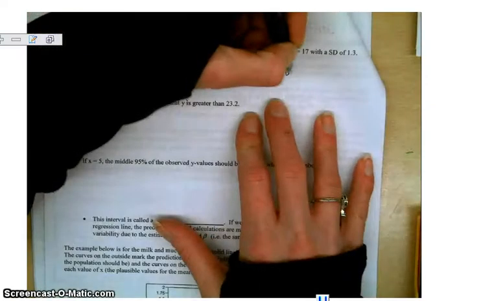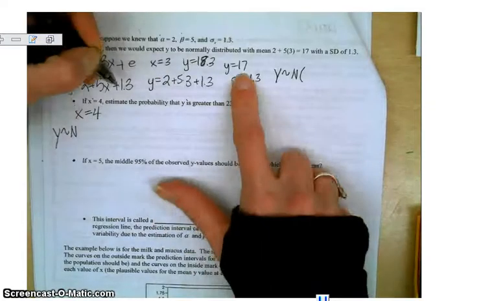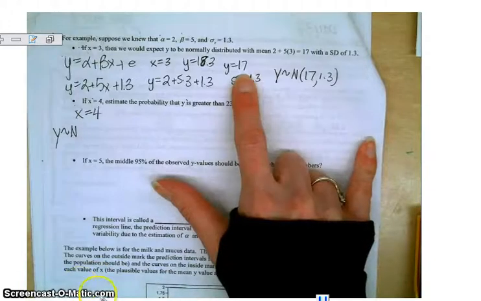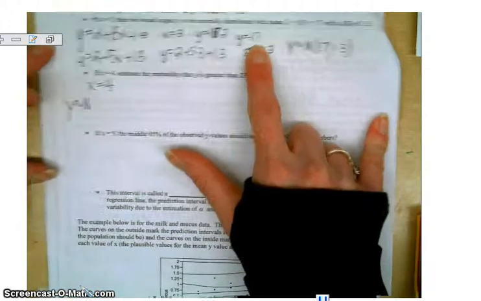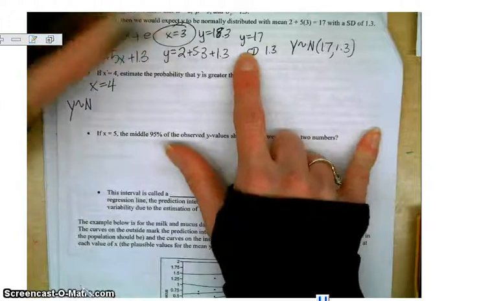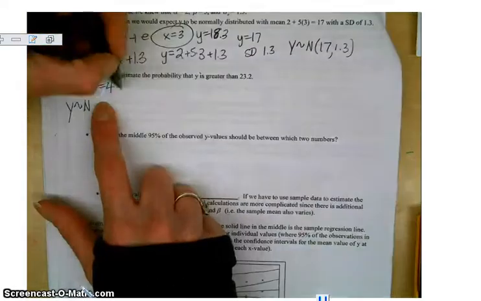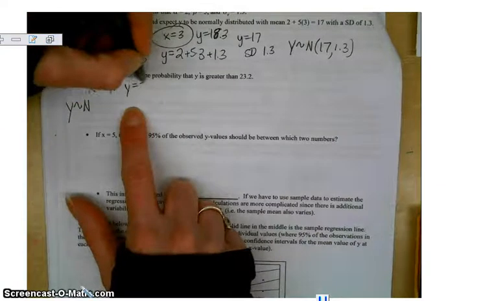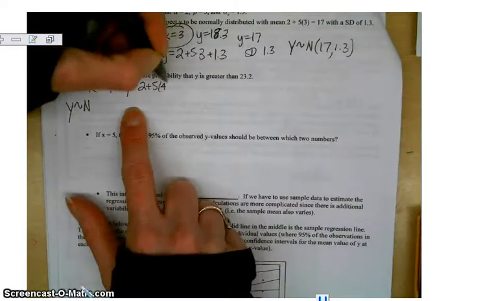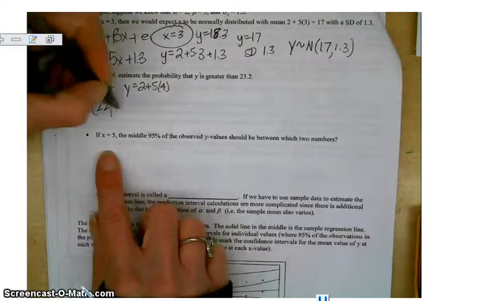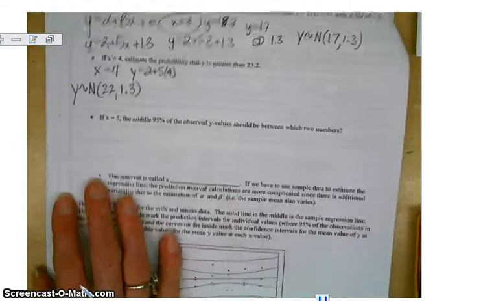Y would be approximately normally distributed with a mean of 17 and a standard deviation of 1.3. Okay, that's when x is 3. If x is 4, y would be about 2 plus 5 times 4, or 22, with a mean of 22 and still a standard deviation of 1.3.